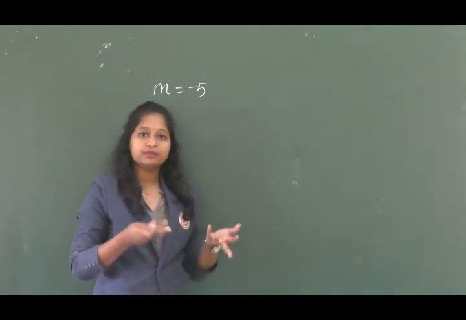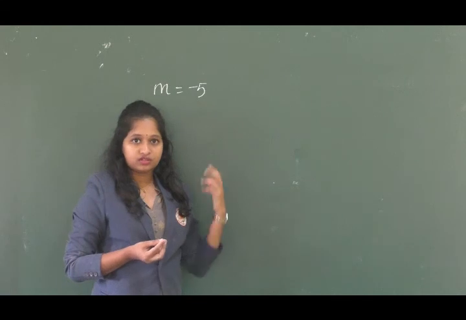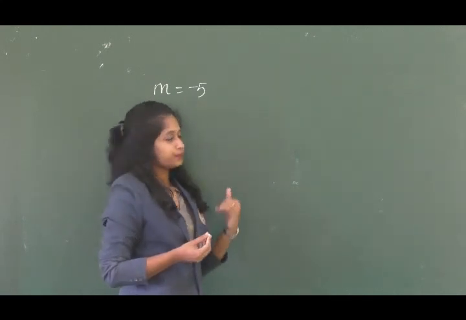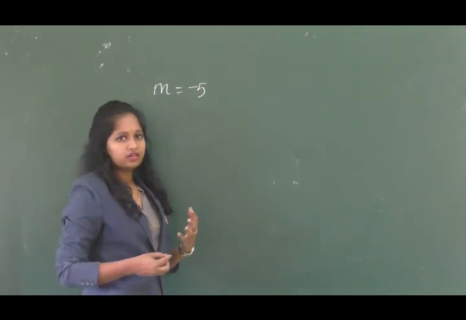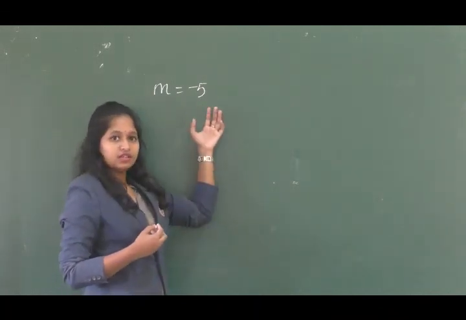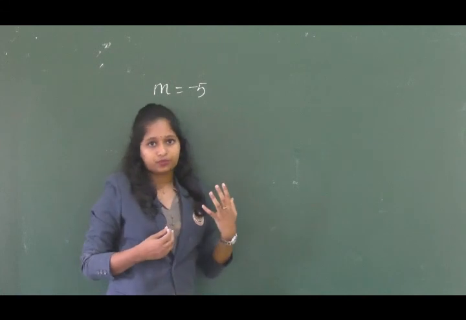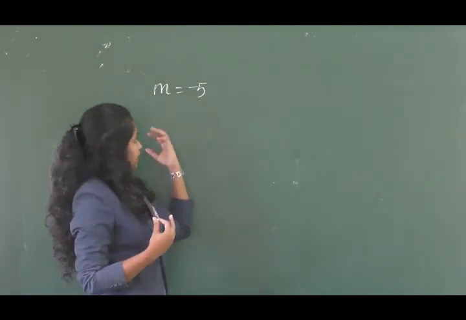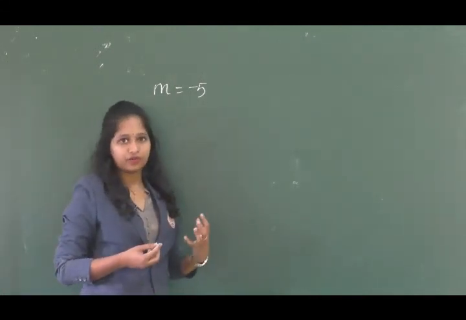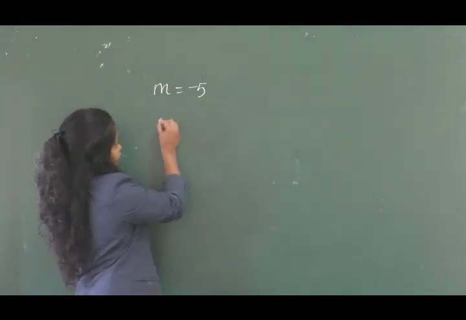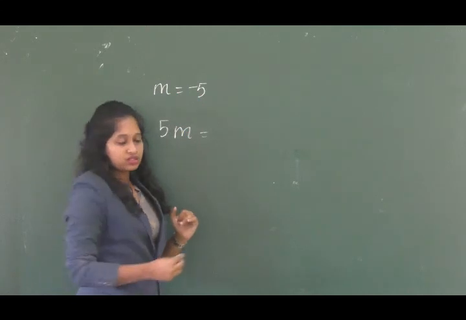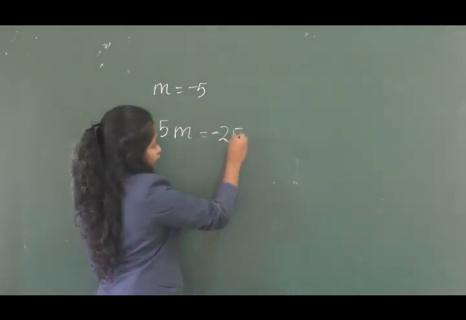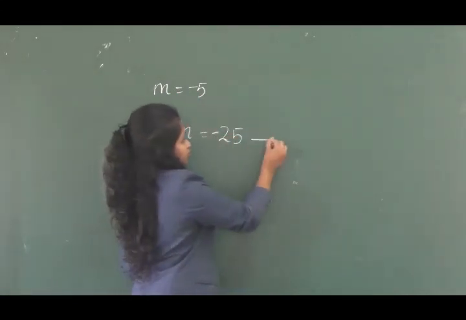So let's frame some equations with this solution. Okay, so let's multiply any number. So let me multiply this with 5. That means I multiply both LHS and RHS with 5. So 5 into m is 5m, and 5 into minus 5 is minus 25. This is one equation.